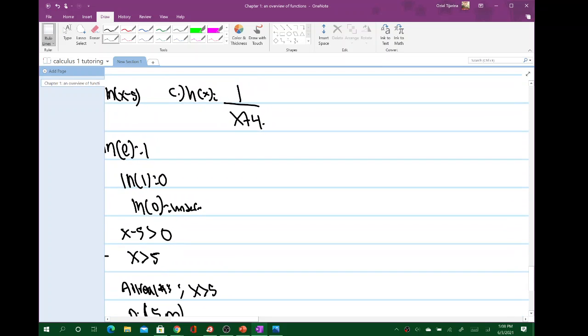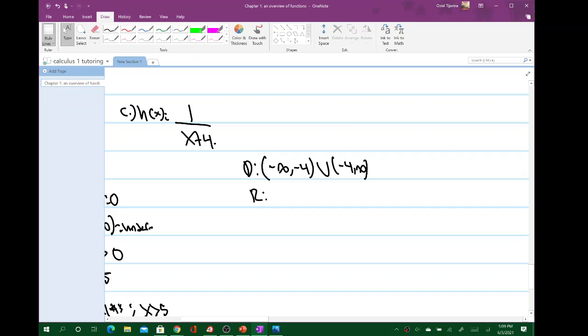Okay, and then for part C, it says h of x equals 1 over x plus 4. Now the domain is going to be all real numbers such that x does not equal negative 4. So in reality, we're going to do negative infinity to negative 4, not including negative 4, union negative 4 to infinity. Okay. The range is going to be whatever the horizontal asymptote of this function is.